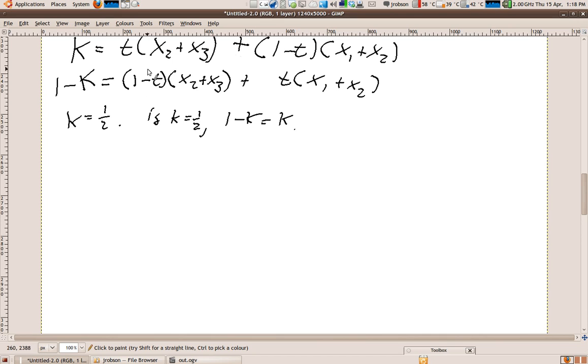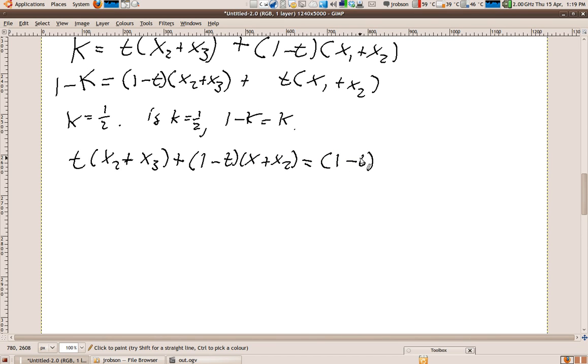So these two expressions here are equal to each other, so we can say t times x2 plus x3 plus 1 minus t times x1 plus x2 equals 1 minus t times x2 plus x3 plus t times x1 plus x2.